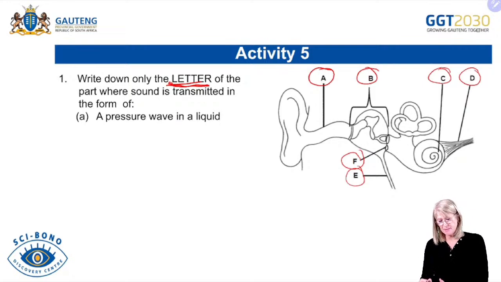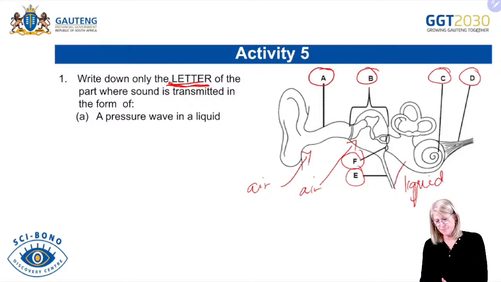Okay, so where did we say? We said the outer ear is air-filled, the middle ear has air in it, and the inner ear has liquid. So this is where the liquid is. To answer that question, we're going to look at the letters here in the inner ear.